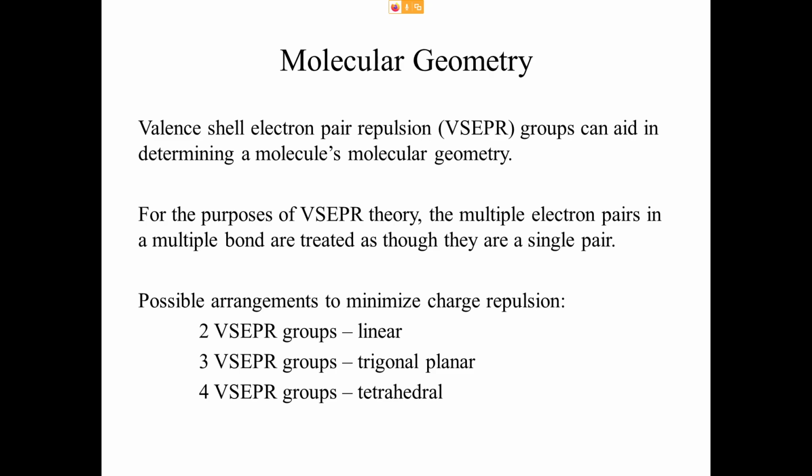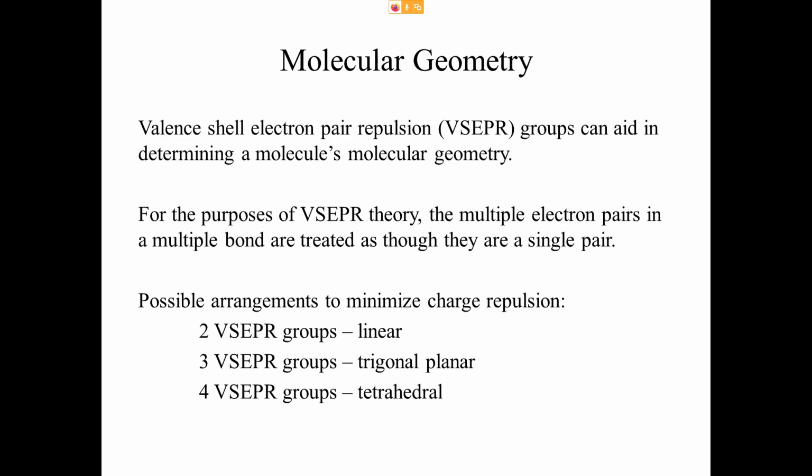Now, a group of electrons may be an actual bond to an atom, because there are electrons over there in that direction towards that atom I'm bonded to, but it also might be one of my lone pairs. So when you were drawing your Lewis structures, you noticed there were some lone pairs on most of the atoms. Those are also groups of electrons in another direction. So when I count the number of VSEPR groups, or valence shell electron pair repulsion groups, it means how many places, how many directions do I have groups of electrons.